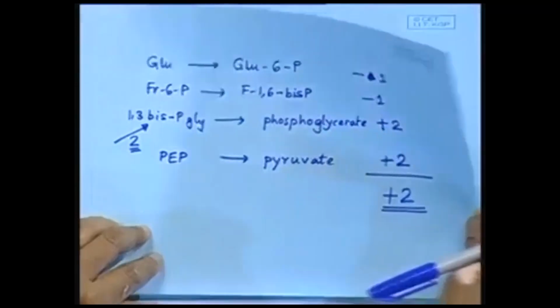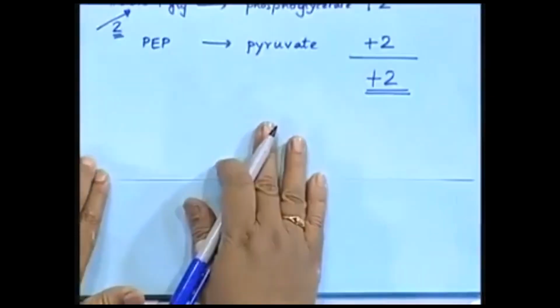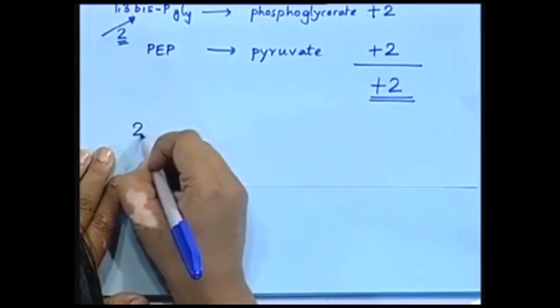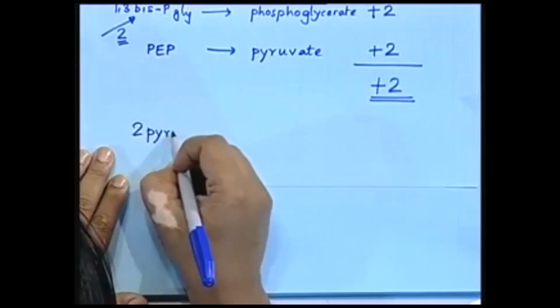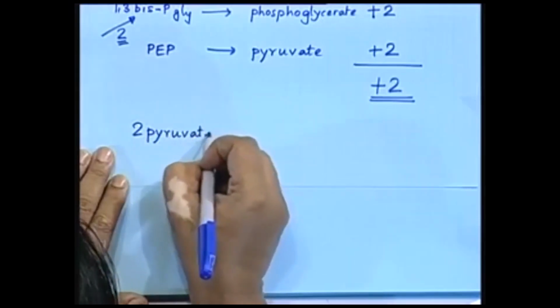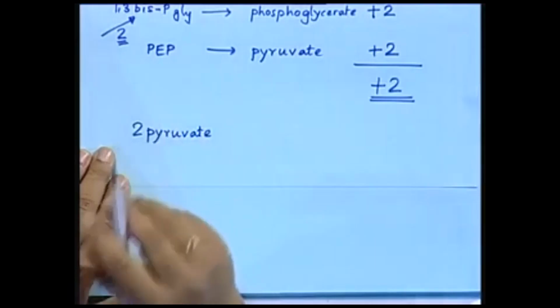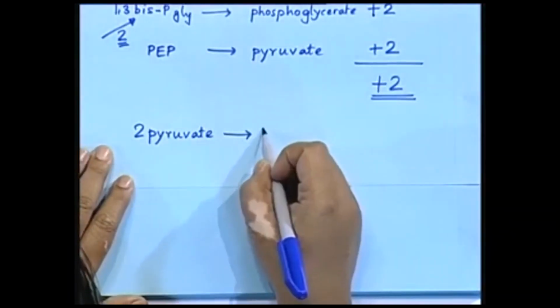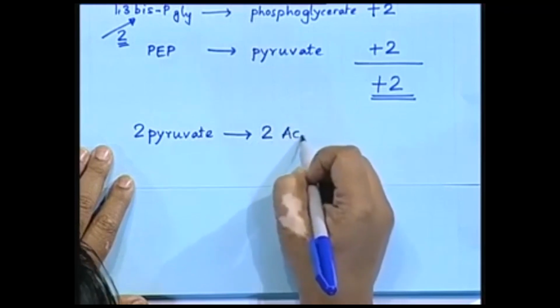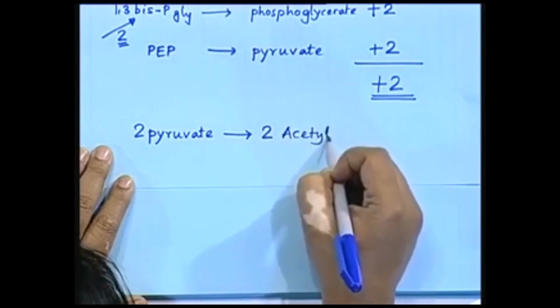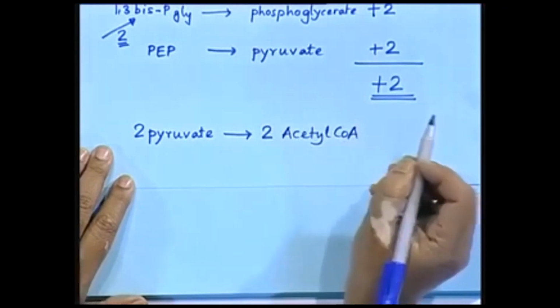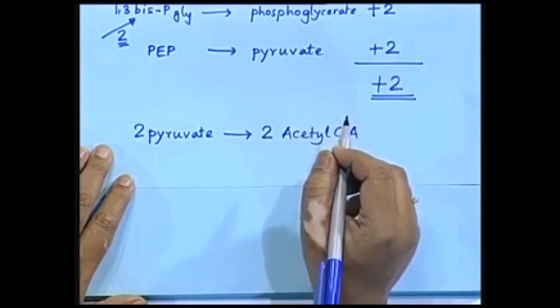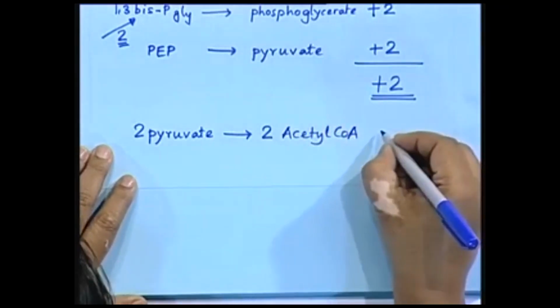Now, when we have 2 pyruvate, because we have to remember that 1 glucose is giving us 2 pyruvate, we cannot forget that. 2 pyruvate to 2 acetyl CoA, in that step we have 2 NADH.